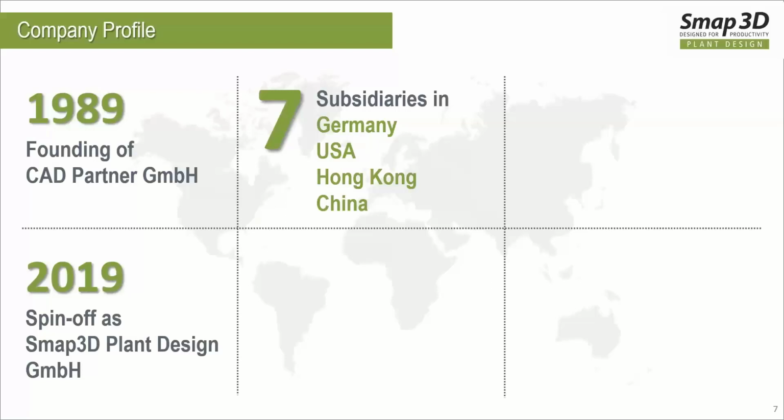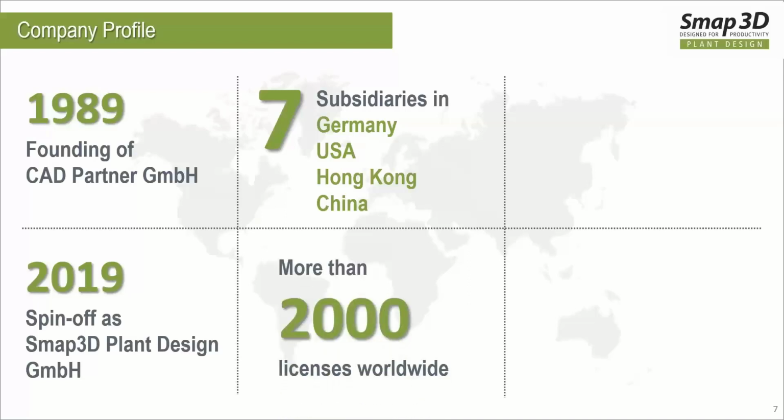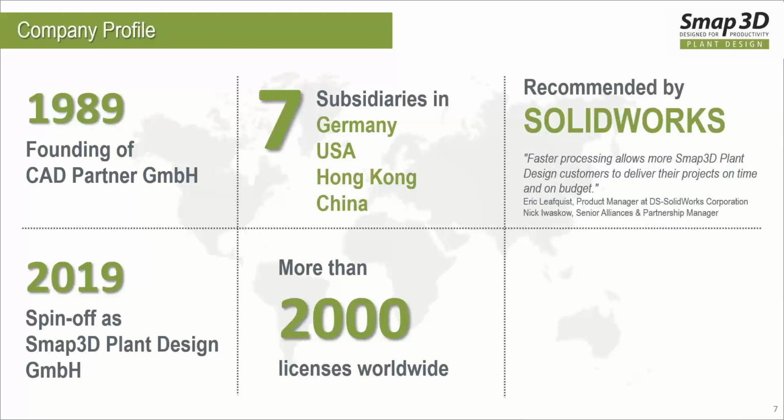This allows us to give you 24/5 tech support in English in all locations, and then some of our other local subsidiaries have local language support depending on what your region is. We have over 2,000 customers worldwide, which is a small number in comparison to SolidWorks, but we're a very niche market and specialized and focused in the piping side of things, in the steel.